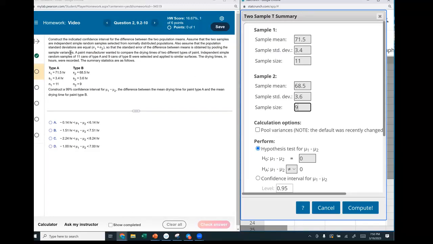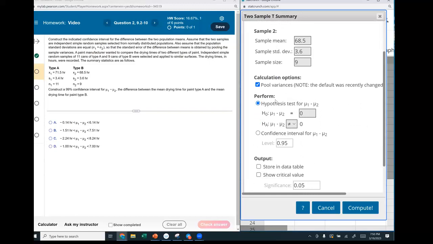It's obtained by pooling the sample variances. So we can hit pooling. And we're looking for a confidence interval. So first, let's see what our H0 and H1 are, because we do need to know whether this is a one-tailed test or a two-tailed test, right? So let's see.